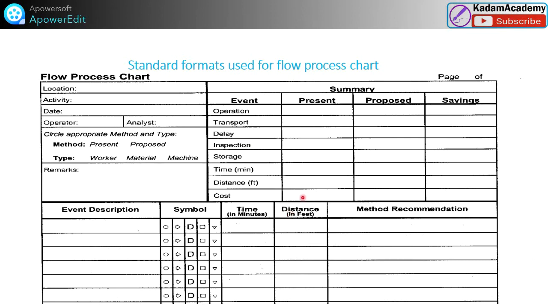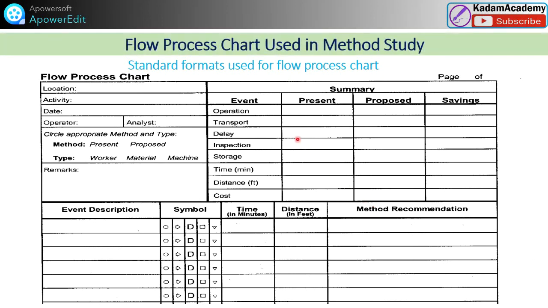Each operation we have to consider as an event. We write that event here and tick the symbol for the operation we are using, and write how much time is required, how much distance it will travel in feet or meters, and the method recommended. Like this we prepare a flow process chart.